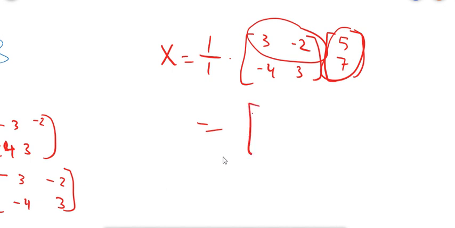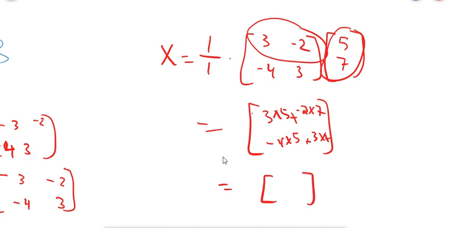It will be 3 by 5 plus minus 2 by 7, and minus 4 by 5 plus 3 by 7. This is equal to 15 minus 14, which is 1, and minus 20 plus 21, which equals 1. The answer is 1, 1.